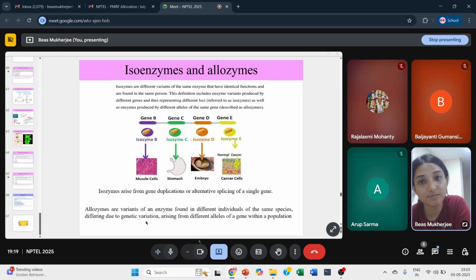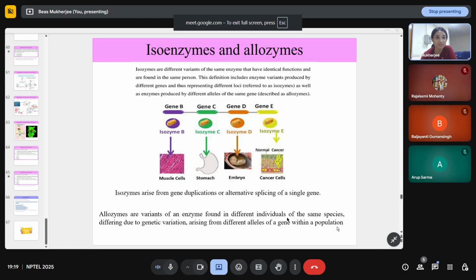So see, isoenzymes are different variants of the same enzyme. Isoenzymes are different variants of the same enzyme that have identical functions and are found in the same person. The definition includes enzyme variants produced by different genes and thus representing different loci, referred to as isoenzymes, as well as enzymes produced by different alleles of the same gene, described as alloenzymes.